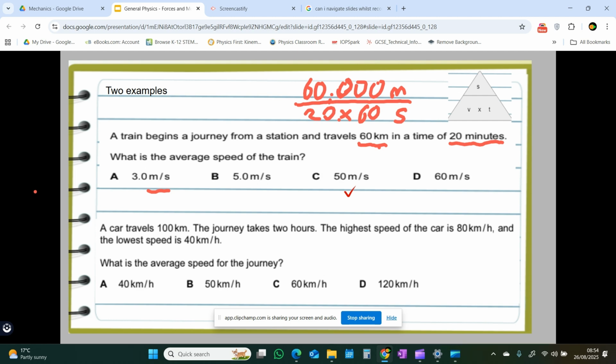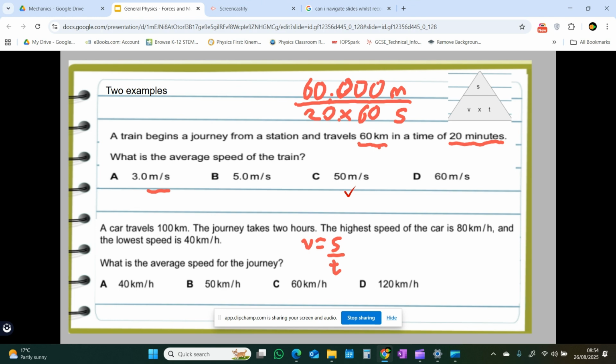But that is wrong, because what you haven't done is taken into account that we don't know for how long it was traveling at 80 kilometers an hour, how long it was traveling at 40 kilometers an hour, and all the other speeds in between. So we need to do our physics, and we need to go back to the equation. Remember, average speed is total distance divided by total time taken.